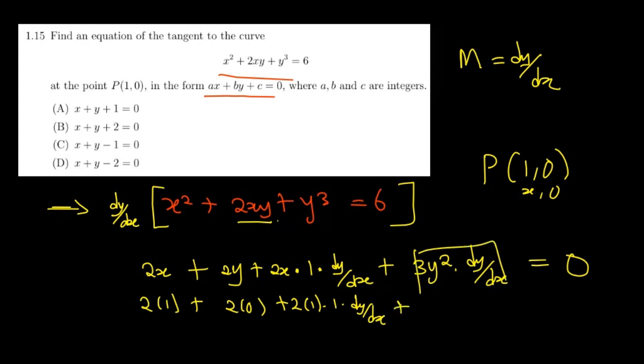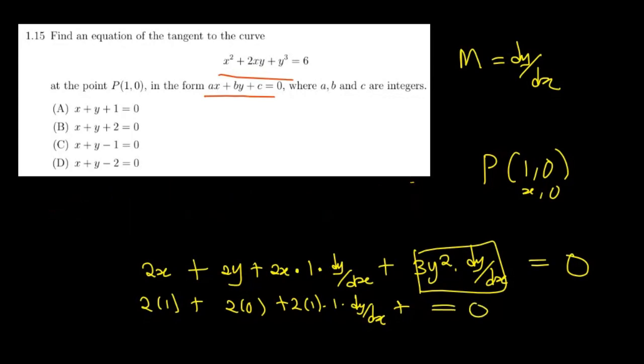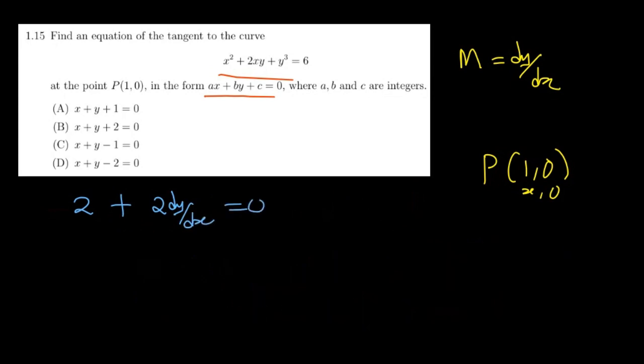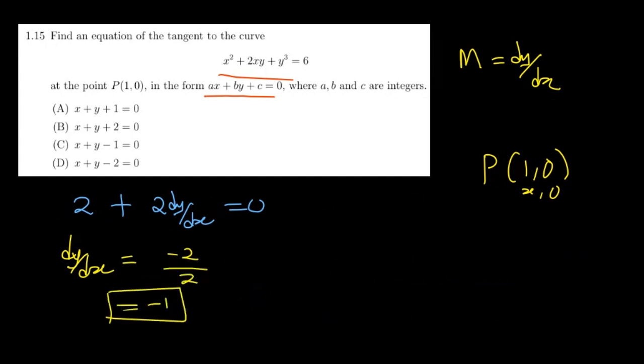So this whole thing becomes 0 is equals to 0. Okay, so what do we have now? We have 2 plus 2 dy/dx equals to 0. Okay, so it means my dy/dx will just be equals to minus 2 over 2, which will just be minus 1.